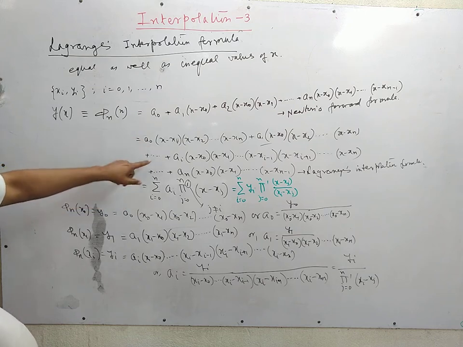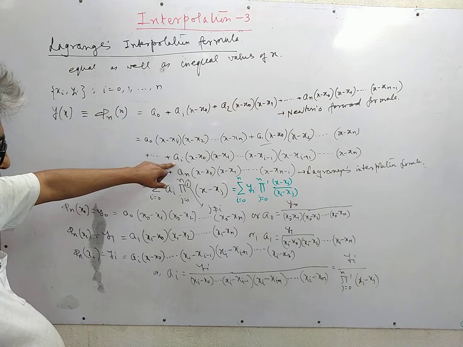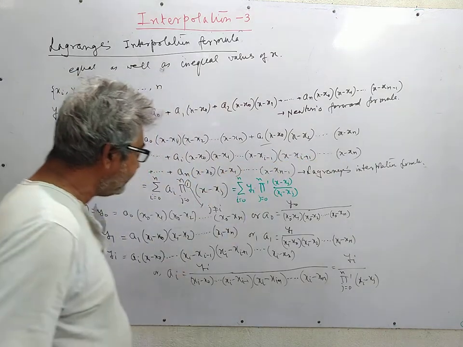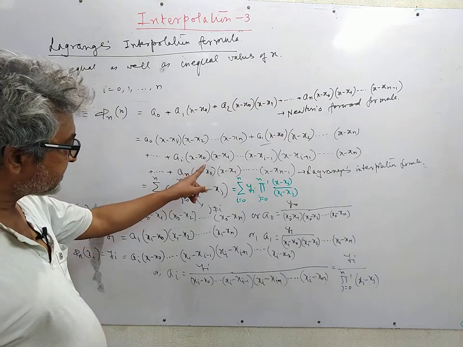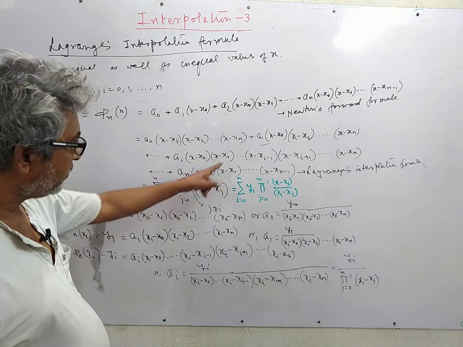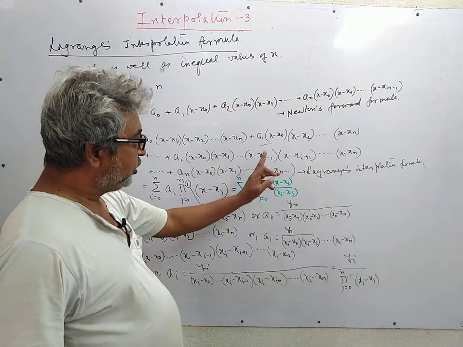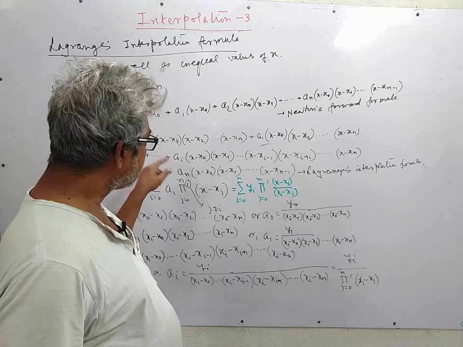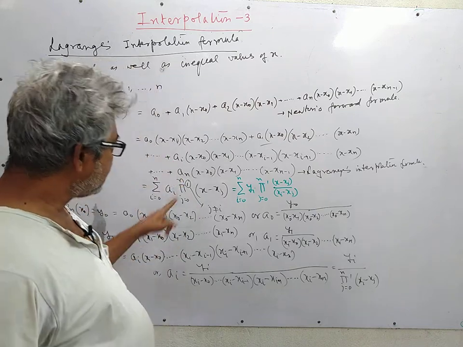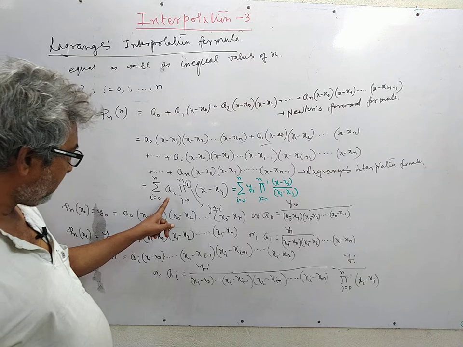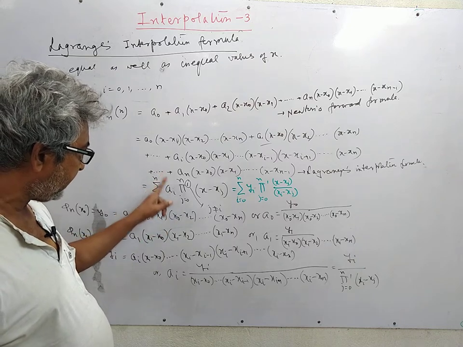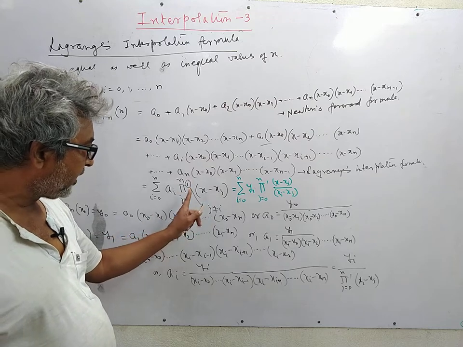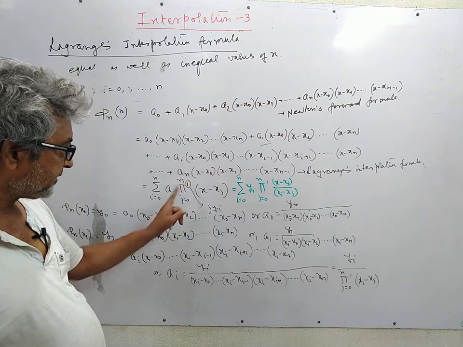In the ith term, the expansion coefficient ai is multiplied by a polynomial of degree n, and x minus x0, x minus x1, all terms are there except there is no x minus xi term in the ith contribution. We have written it in a compact form, ai where i runs from 0 to n, and for each i, j runs from 0 to n excluding i, which is denoted by the prime.